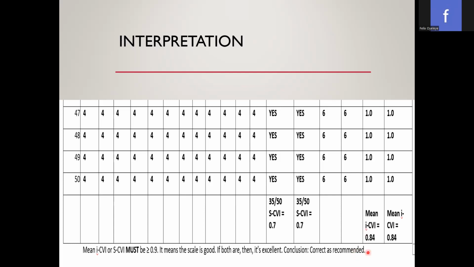Okay? Because most often when you publish, some of the editors or the reviewers will ask what is the value for your content validity index or scale validity index? This is how we calculate it here.